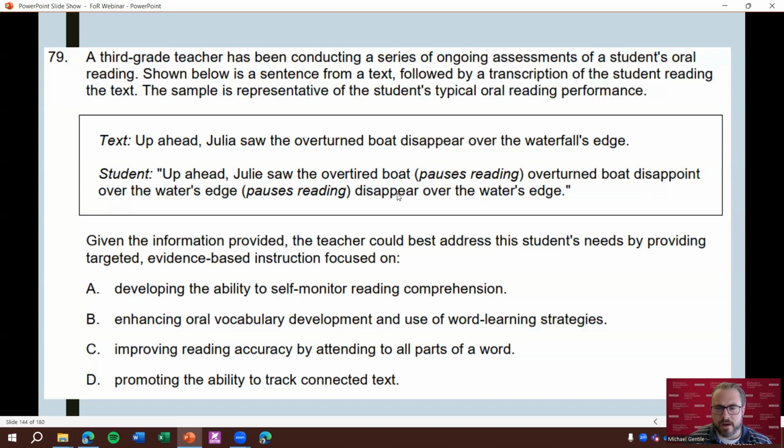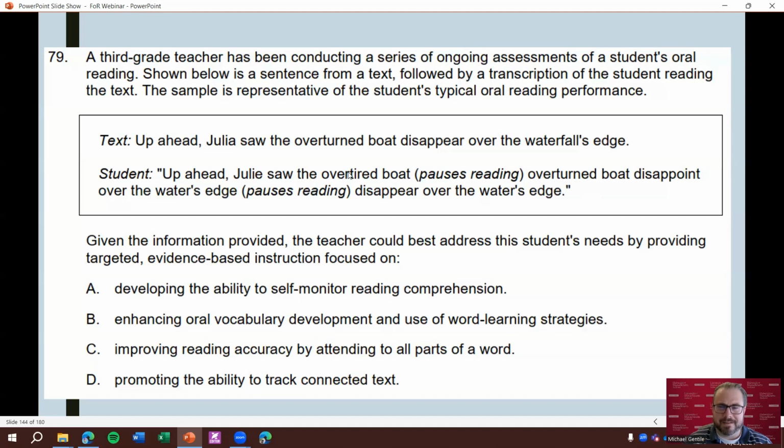She self-corrects each time. So she reads this, she's attending to the first part of the word and missing the second part of the word, right? This is overtired, right? This is a compound word with a suffix at the end. Or sorry, just a compound word. Tired. Ed is not a suffix in this word.